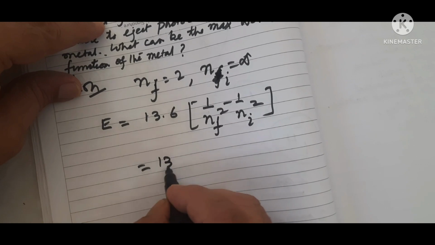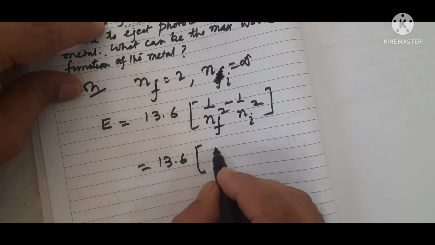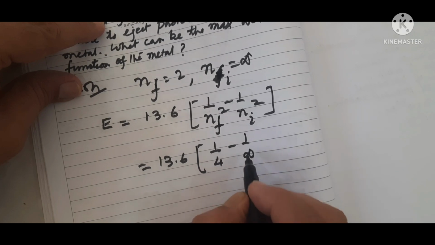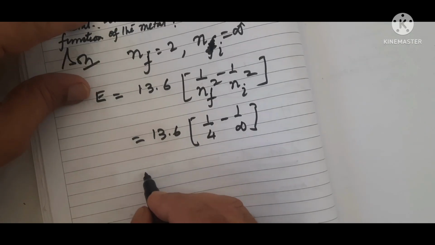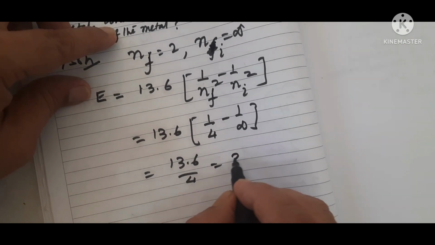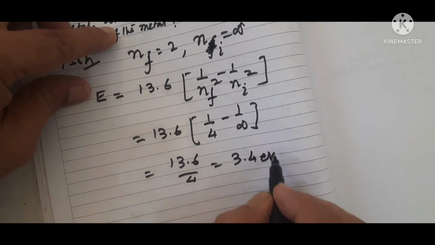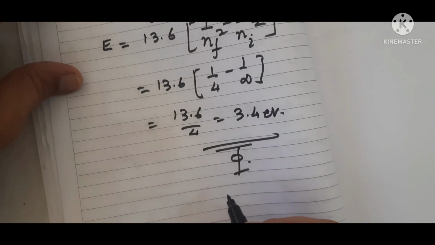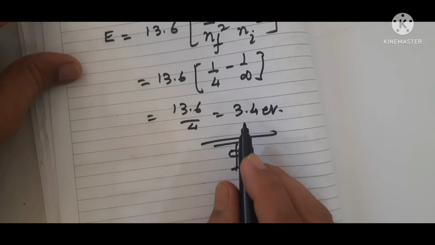That comes out to be 13.6 within bracket, this is 1 by 4 minus 1 by infinity. 1 by infinity is 0, so 13.6 by 4, that comes out to be 3.4 electron volt. That should be the work function of the metal also. The work function of that metal will also be this much.